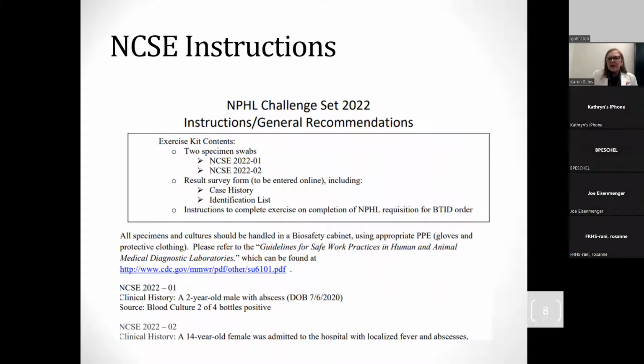All right. I thought I'd take a second, especially for some of our newer microbiologists, to go through how this works. This is fashioned after what we call the LPX, which is CAP's laboratory preparedness exercise.